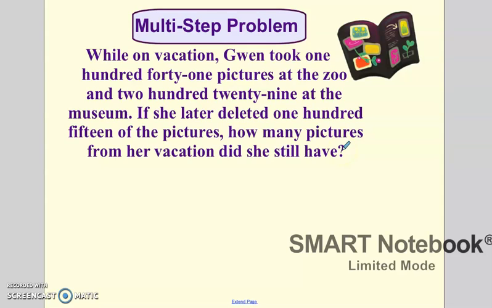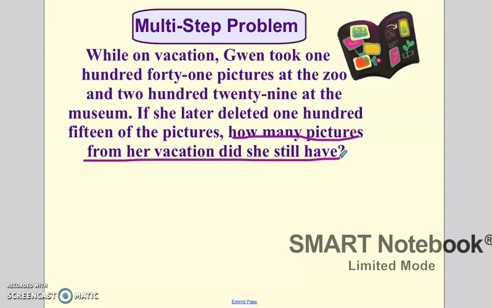So let's think about it. We need our problem-solving checklist. What do we do first? The first thing we need to look at is, what is the question asking us? The question is asking us, how many pictures from her vacation did she still have?